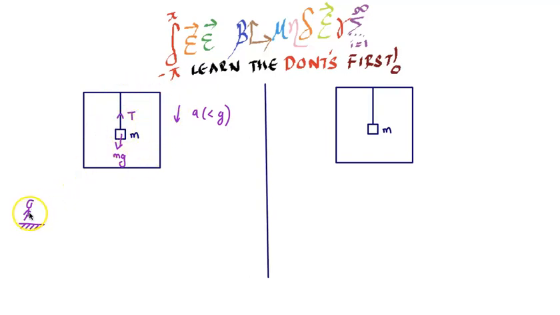And for this person standing on the ground, this block is accelerating down with an acceleration of a, right? So by Newton's second law, the net force on the object, which is mg minus T, must equal mass times acceleration. And so according to the person on the ground, tension in the string T must equal m times (g minus a), right? So this seems reasonable.